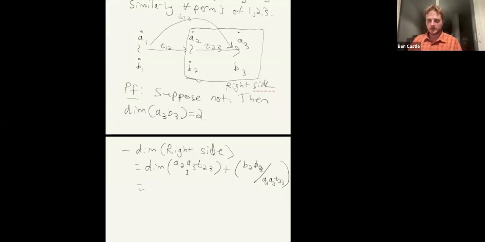Well, the first part is a non-trivial configuration, and those have dimension 2, all of them. So this is 2. Plus, what does B2, B3 look like over A2, A3, and T23? So in other words, if you just have this top stuff here, how much dimension are you adding to the bottom? Well, you're not adding any to get B2 because B2 and A2 are interalgebraic.